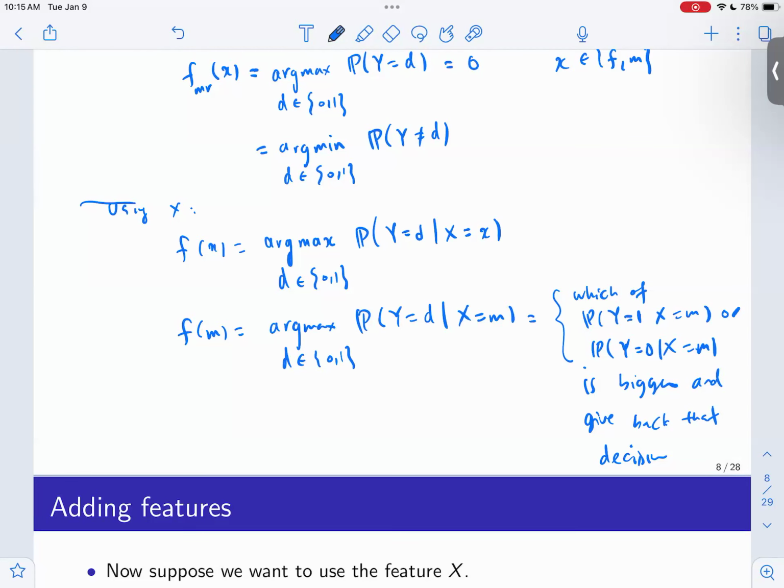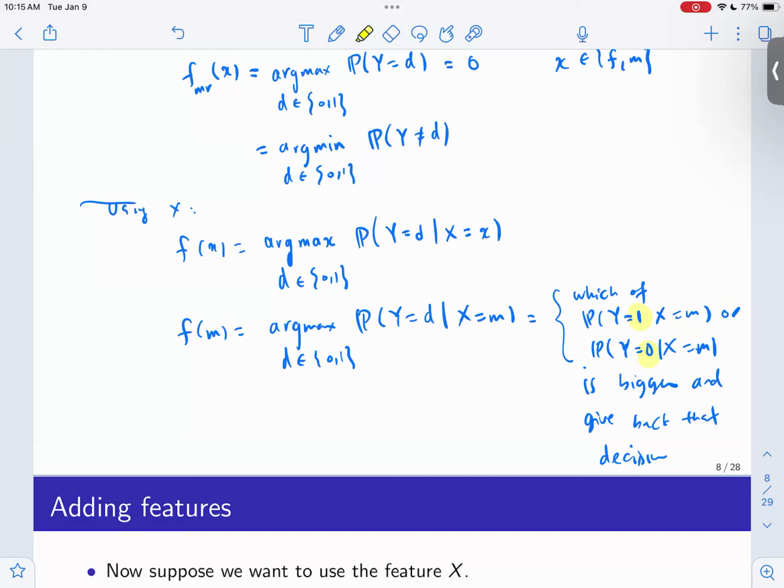So decide 1 or decide 0, we look at all possibilities, and the decision that makes this bigger, we return that. So that's the idea of argmax. Look at which value of d maximizes this quantity.